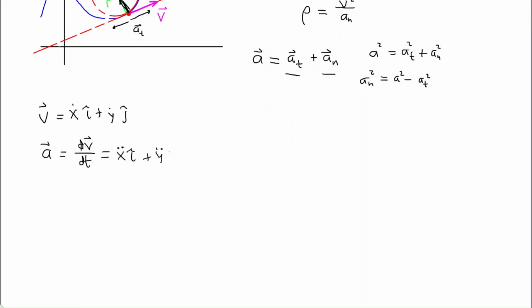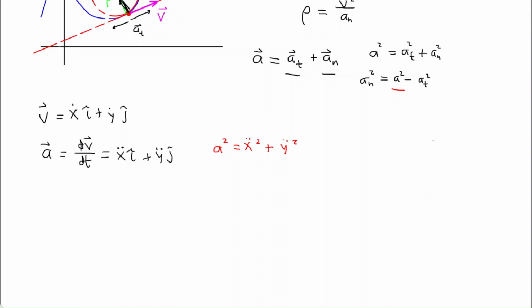So we just keep putting dots on top of the x's and y's here: x double dot i plus y double dot j. And to get the squared magnitude of the entire acceleration vector, we're just going to use the Pythagorean theorem, so a squared equals x double dot squared plus y double dot squared.